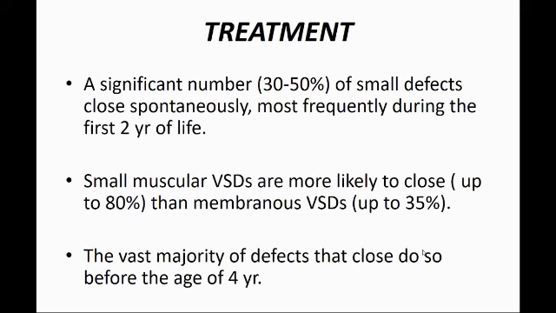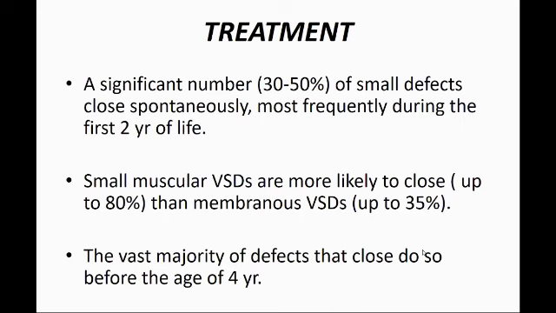Now let's talk about the treatment aspects of a ventricular septal defect. A significant number, that is 30 to 50% of small defects, have potential to close spontaneously, and most of the defects close during the first 2 years of life.